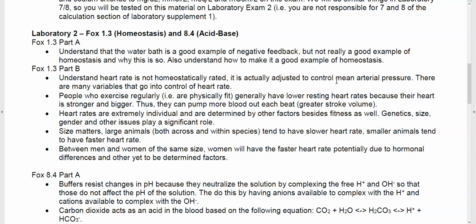They're determined by other factors besides fitness: genetics, body size, gender, and a number of other issues play a significant role. So you could have someone who was very fit with a heart rate of 86 at rest, while someone who's very unfit has a heart rate of 56 at rest. So you just can't use heart rate as an end-all be-all to measure fitness, because there are a lot of variables that go into it.